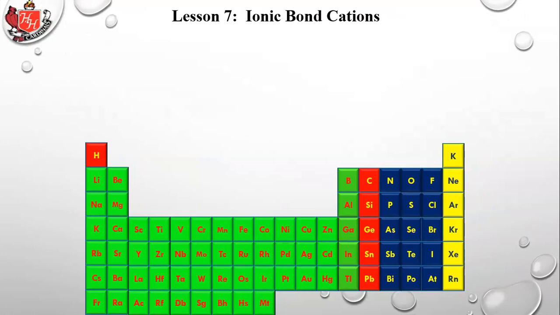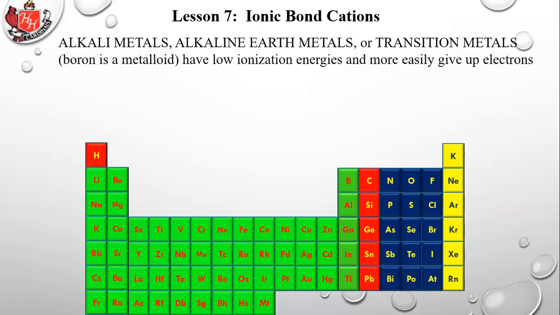So let's talk about the ionic bonds that form cations. Alkali metals, alkaline earth metals, and transition metals, and boron is a metalloid actually, have low ionization energies and more easily give up electrons. So everything you see there in green will give up electrons easily and form a cation.